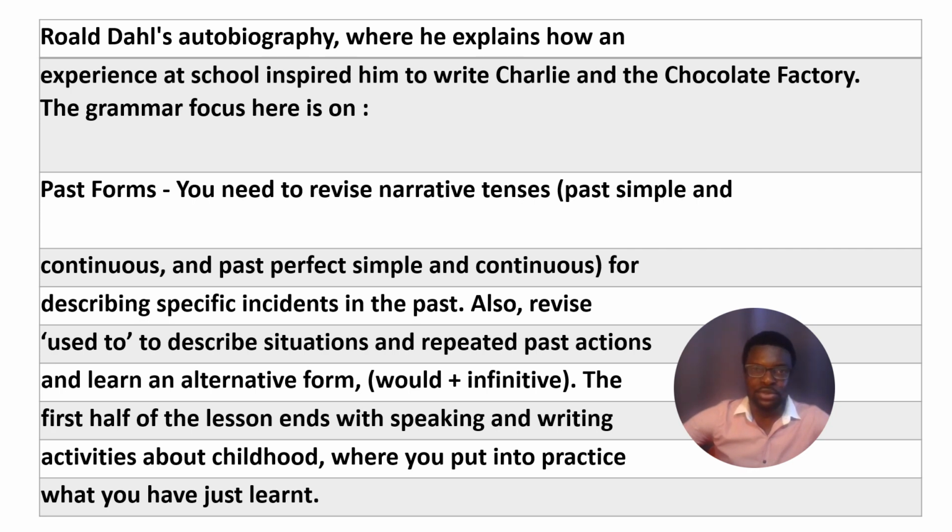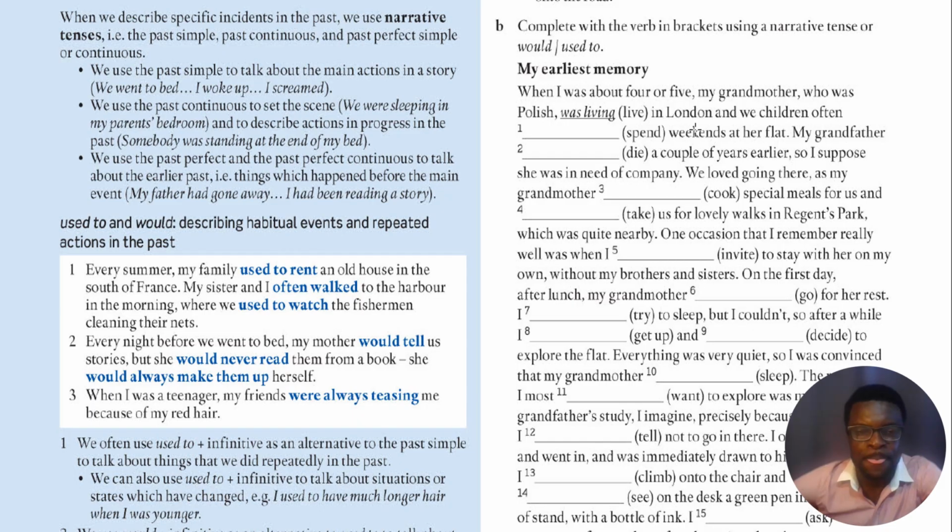Okay, let's move to the next slide, please. So here we are. When we describe specific incidents in the past, we use narrative tenses, that is, the past simple, past continuous, and past perfect simple or continuous.